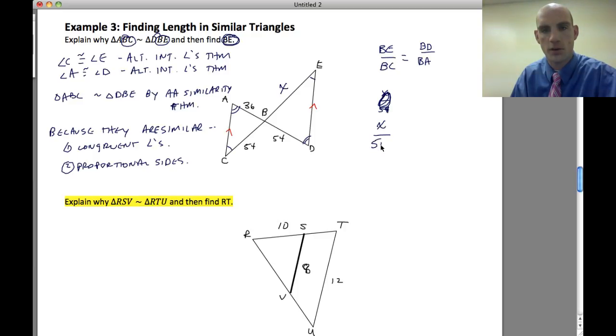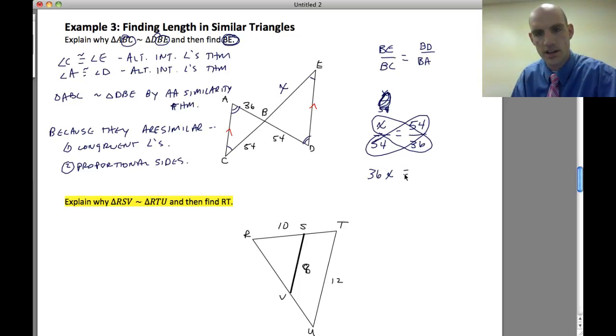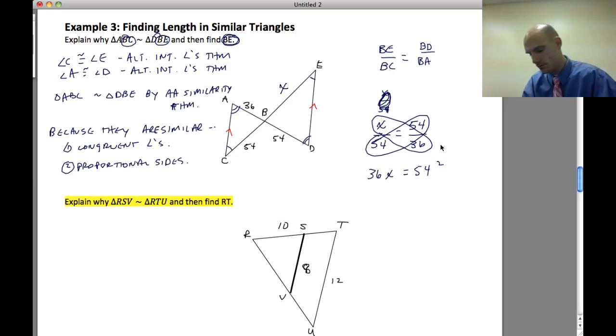X over 54 is equal to, now BD is also 54 and BA is 36. Does this look familiar, guys? So 36x is equal to 54 squared. Now, I don't really do that in my head very well. 54 squared, so I'm pulling out my calculator.